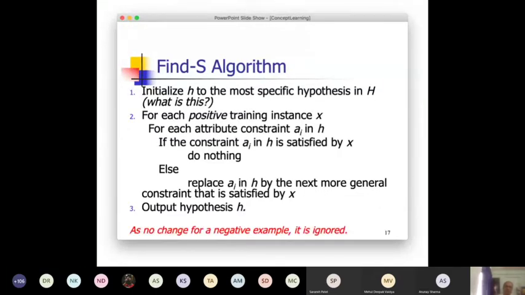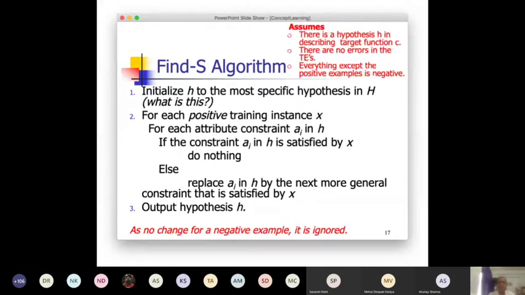So I mentioned already that with negative examples, you are not doing anything. And if I consider what the assumptions are, the basic assumptions are that the target function should exist in the hypothesis space and there is no error in training examples, that is already there. But the third assumption, which is very specific to this algorithm, is that everything except the positive examples is negative.